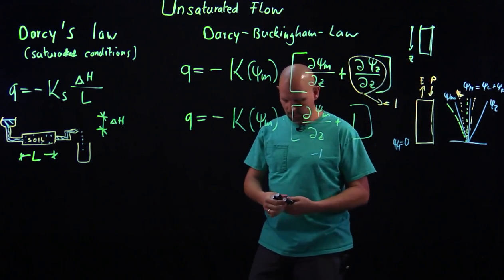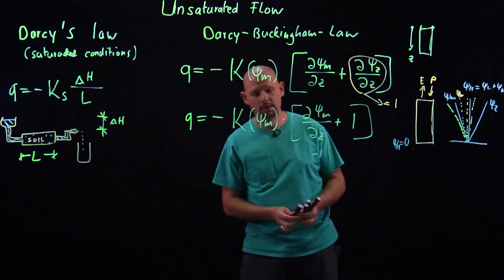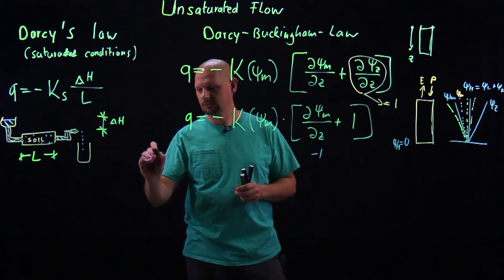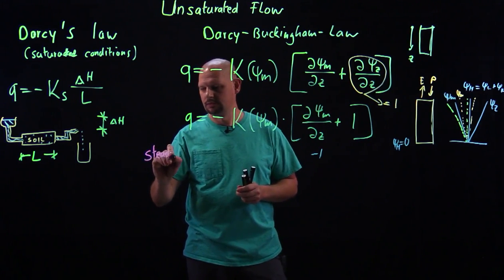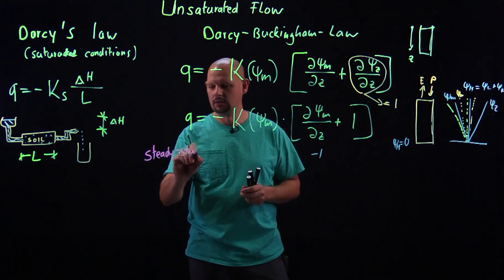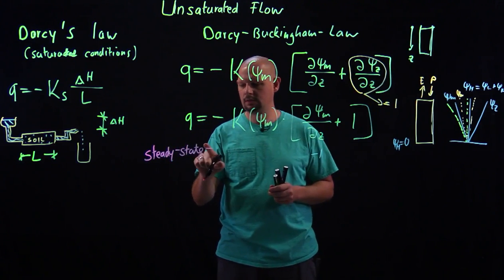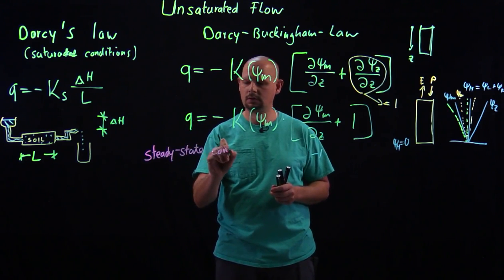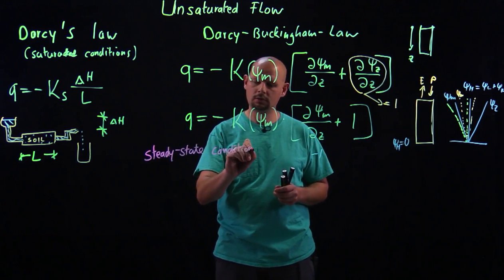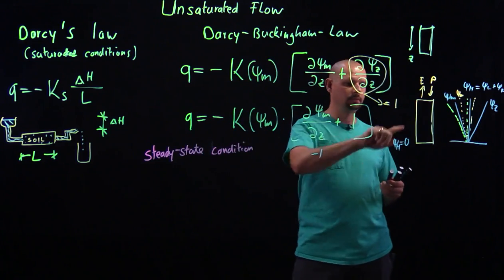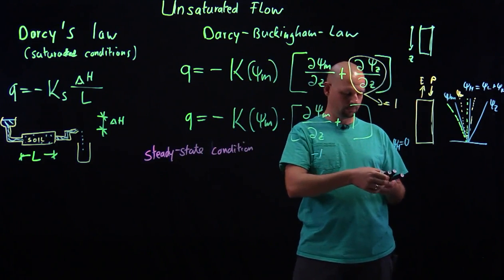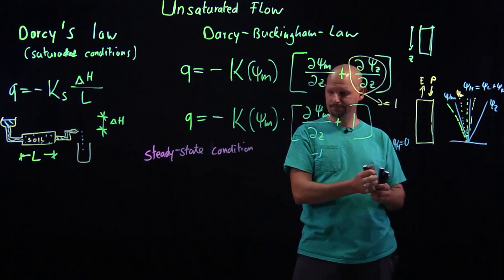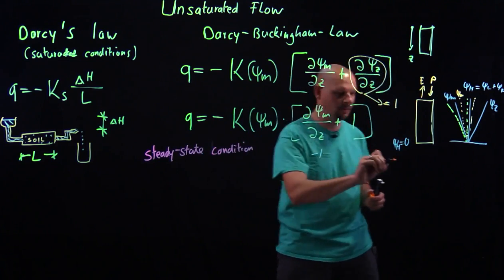And the simplest way to describe flow is under steady state conditions. That means if we consider again a soil column, then I'll maybe draw another one to make this a little bit more clear.